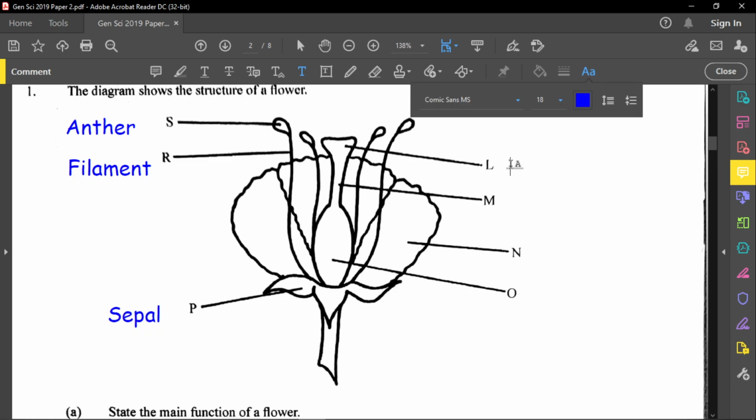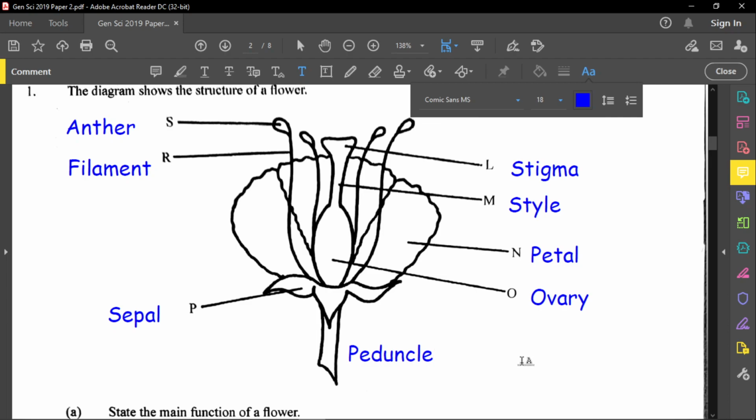L is the stigma. M is the style. N is the petal. And O is the ovary. Here we also have the stalk of the flower, which is called the peduncle.